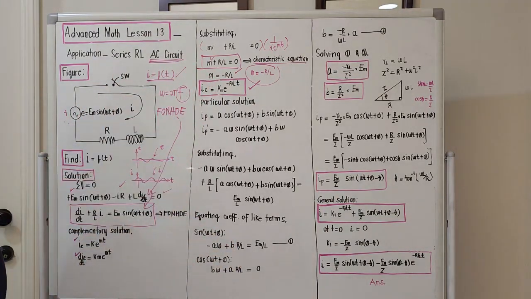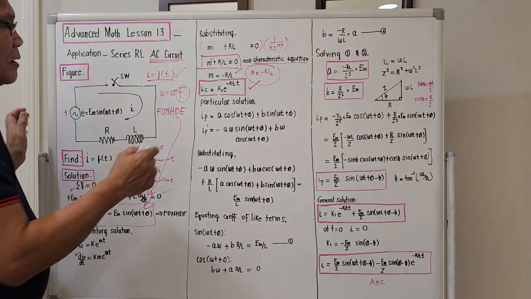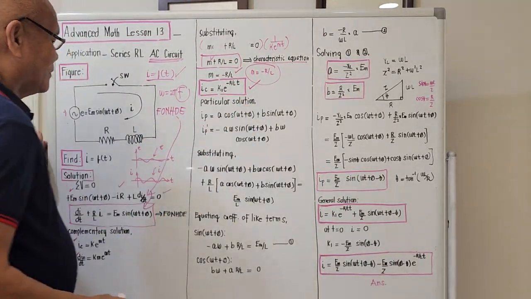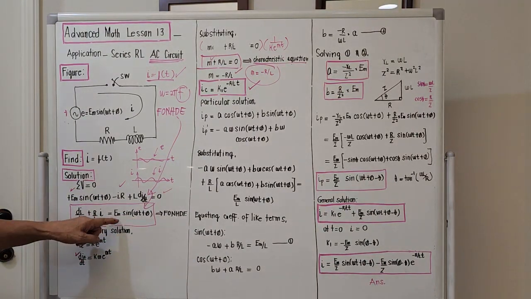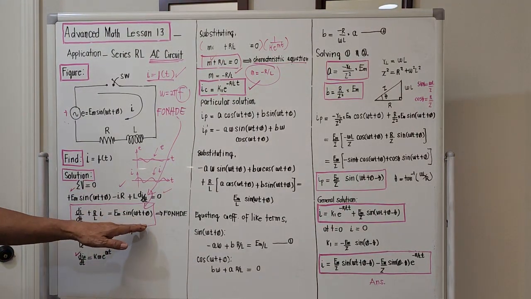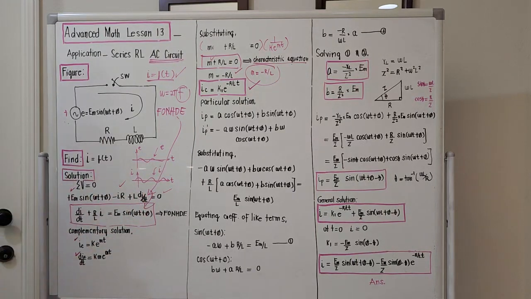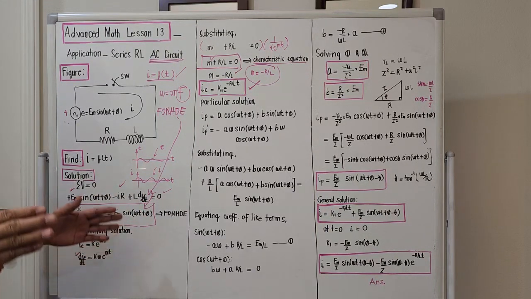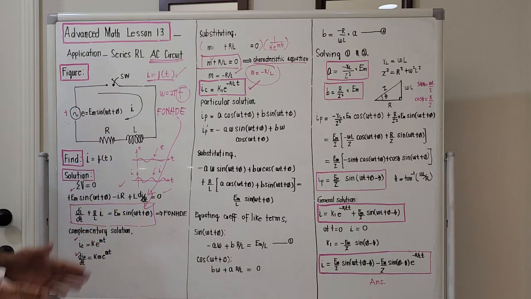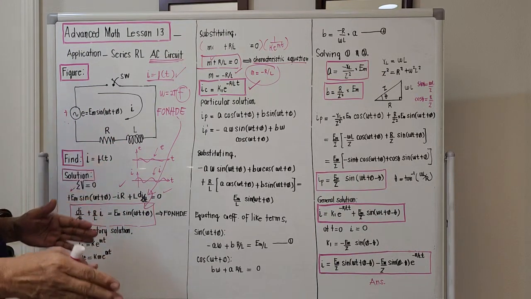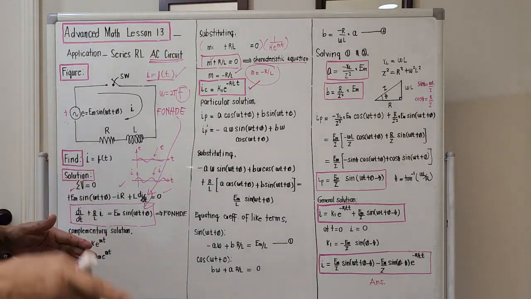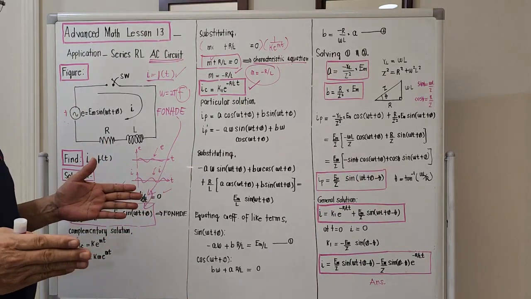Okay, let's try to bring out the particular solution. For the particular solution, if we inspect the right hand side, e sub m is constant, so actually the right hand side is a sine function. From our previous examples, if the given right hand side is a sine function, we will assume a particular solution that involves a sine function and cosine function.